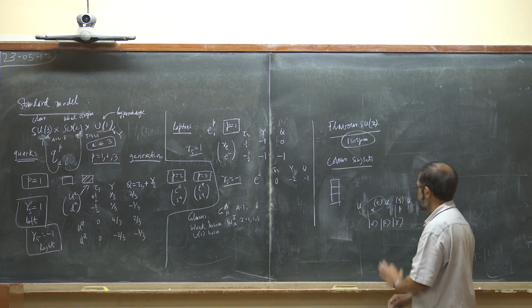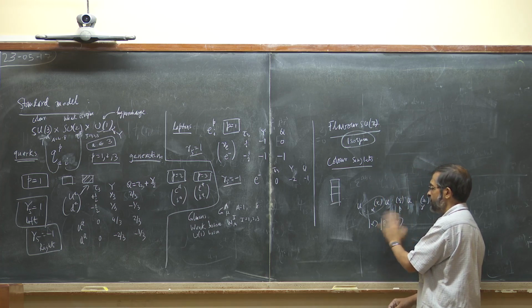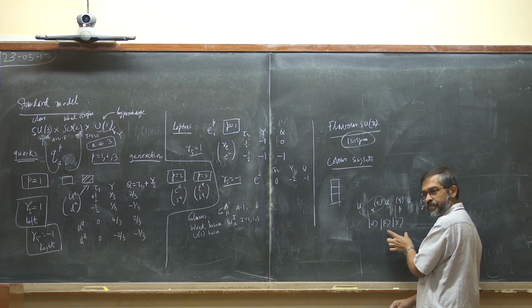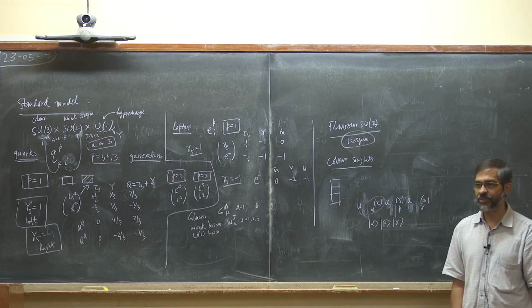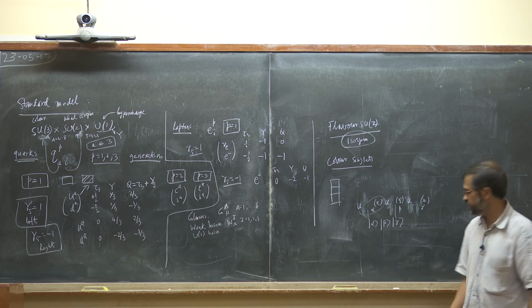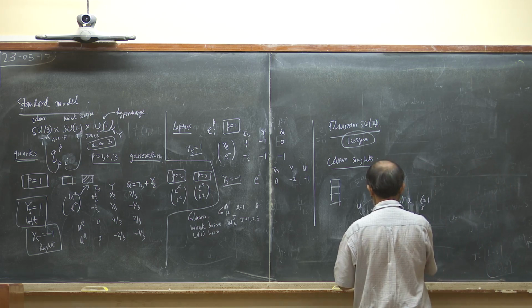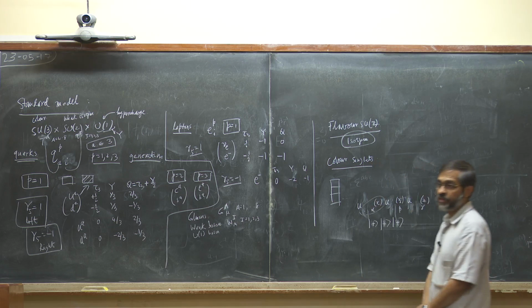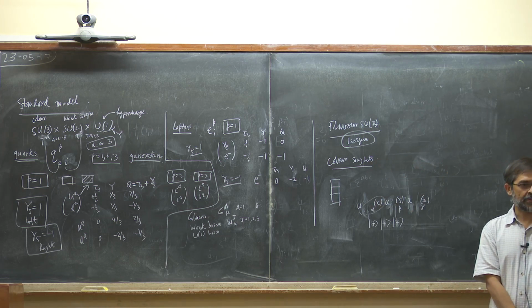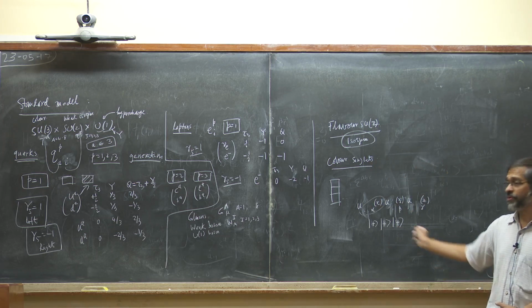So after all this, I must construct symmetric combinations of alpha, beta, gamma. In particular, I can choose this to be upspin, upspin, upspin. That should be one of the possibilities.